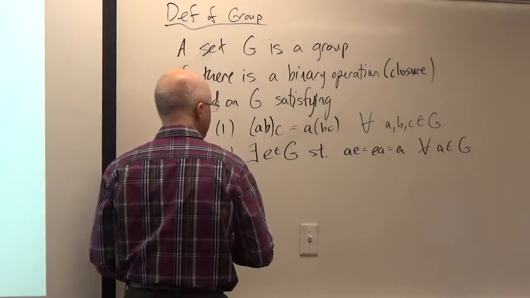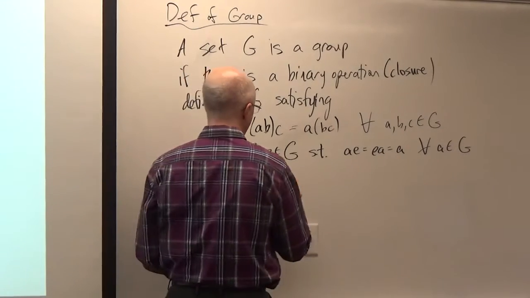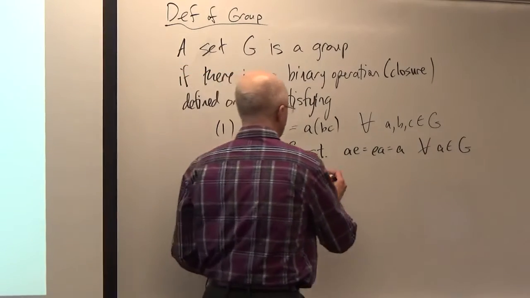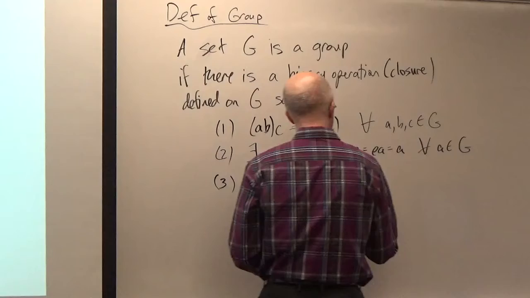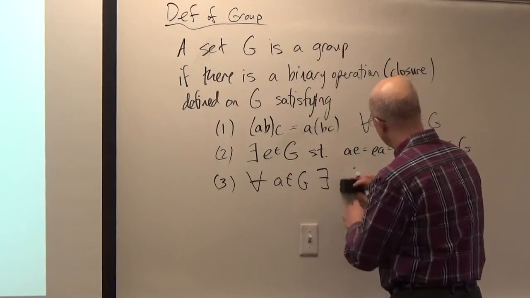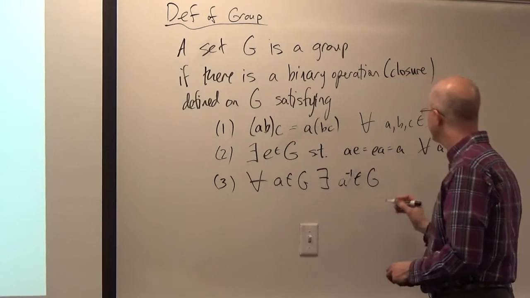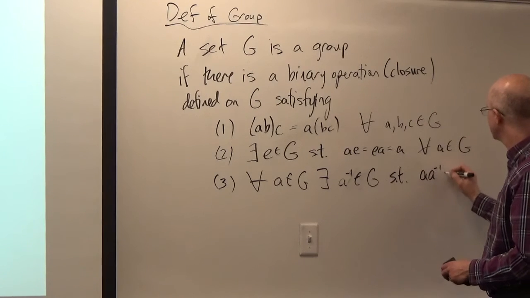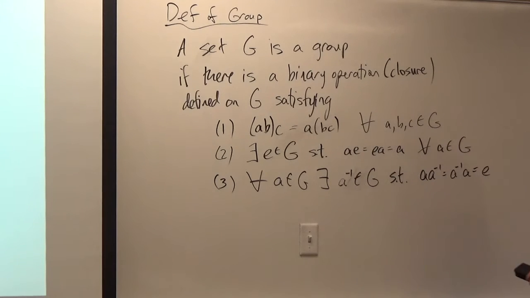And thirdly, you should put the for all first now. For all elements A of G, there exists an inverse, which we do denote by A to the power -1. There exists an element A inverse in G, such that A times A inverse equals A inverse times A equals the identity.